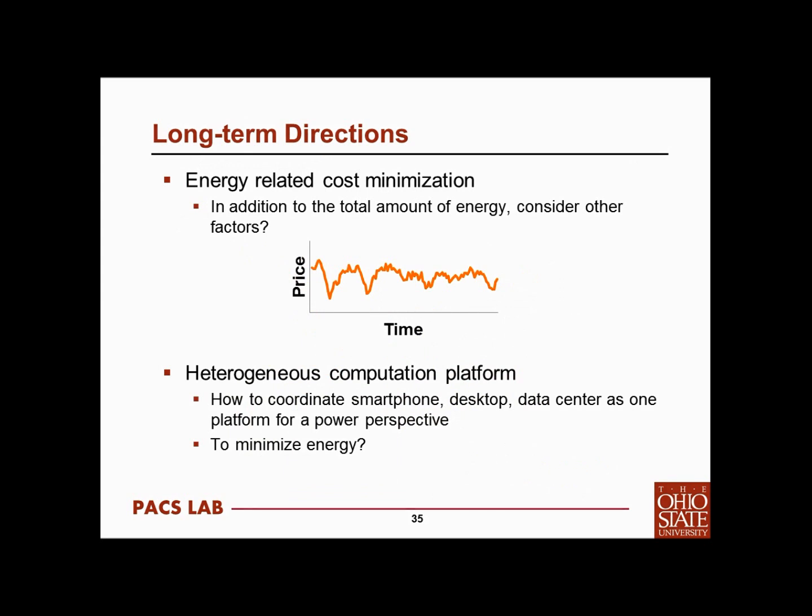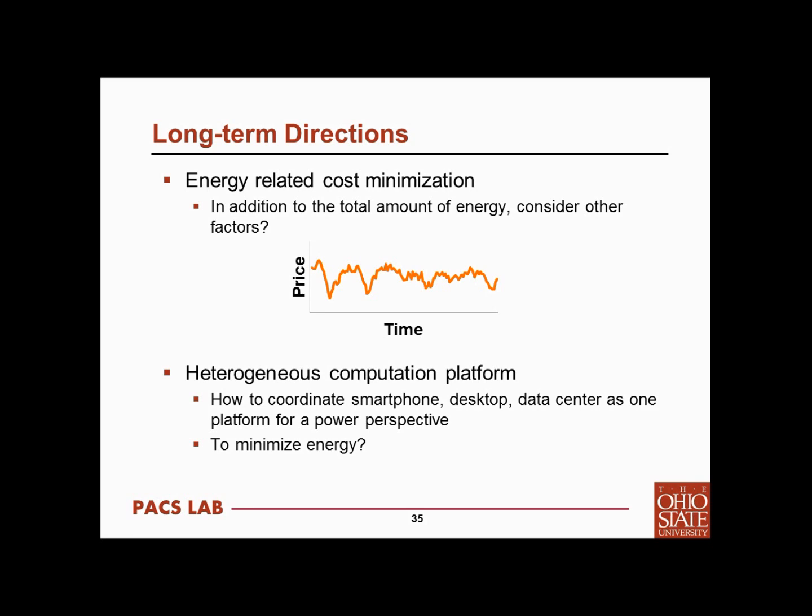Another problem I want to explore is the energy-related cost minimization. Traditionally, when we do energy-related cost minimization, we usually assume that the less energy we use, the less money we spend. But in the current smart grid electricity market, the electricity price is changing all the time. In North America, it's 5 minutes.